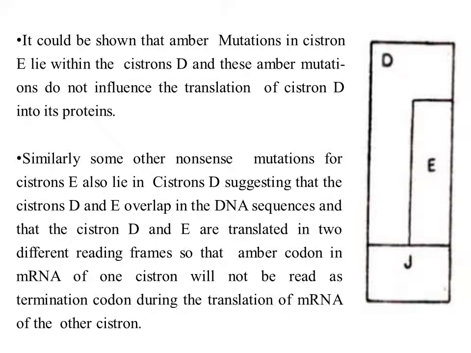It will be read as ABC in E, but it will not be read the same in the cistron D. It will be read as BCD. So there is a change in the reading frame of two overlapping genes to avoid the problem of terminal codon.